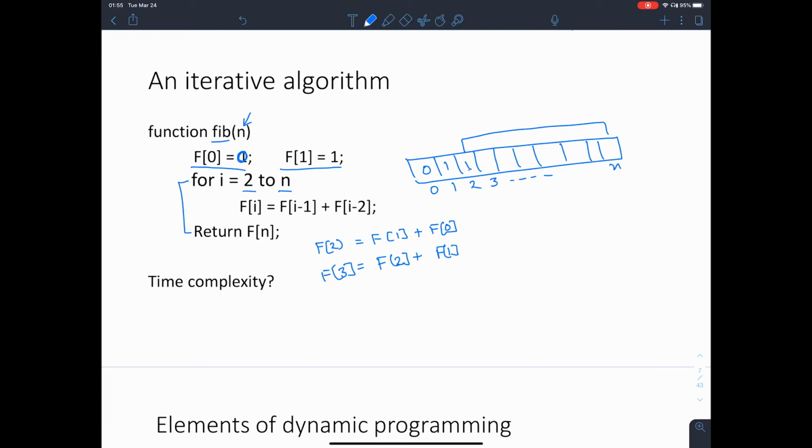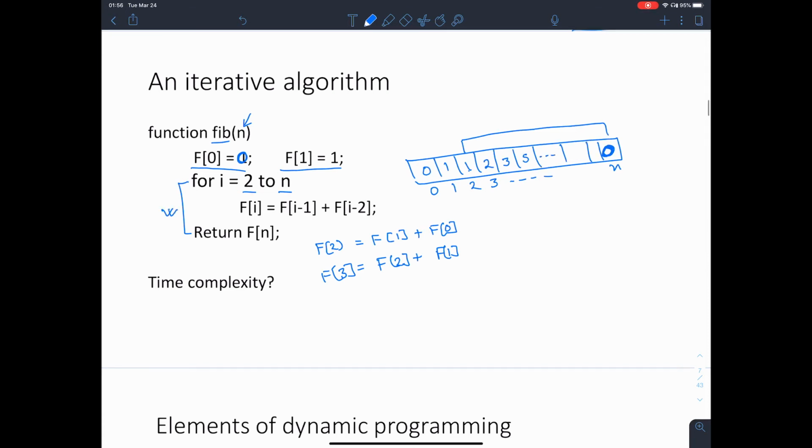F2 is 1, F1 is 1, so F3 is 2. Similarly, F4 would be 3, F5 would be 5, and so on. At the end, it will calculate Fn using this for loop. The for loop ends here, and when it ends, we return the last indexed number, which is the nth Fibonacci number.